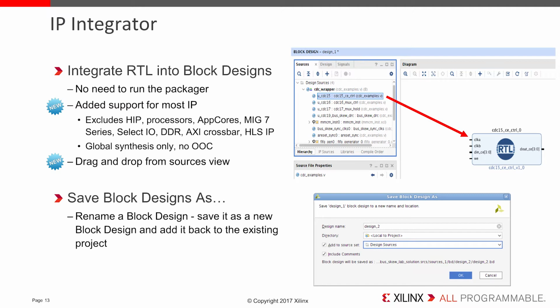There are some, however, that are not supported within a module reference, as you can see in the list here. In addition, IPI now provides a pop-up menu command called Save BD As. This enables renaming and externally saving a BD from one project to another.